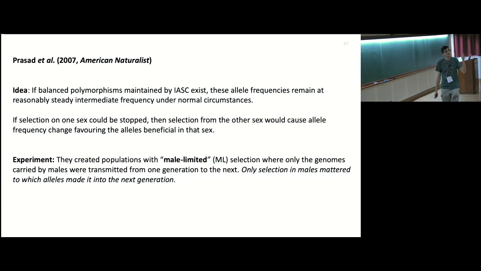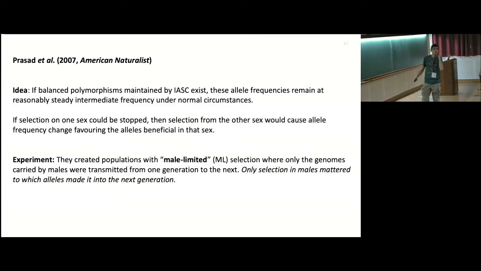But if you could magically stop selection on one sex, then one allele would be able to spread quite quickly. So that was their experiment. They created what they called male-limited selection lines, where only the genomes carried by males were transmitted from one generation to another. In other words, only selection in males mattered to which alleles would go into the next generation.